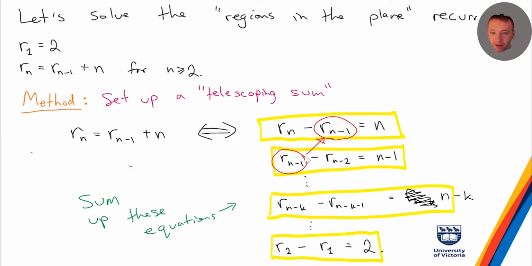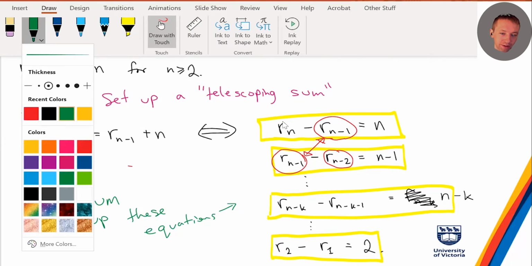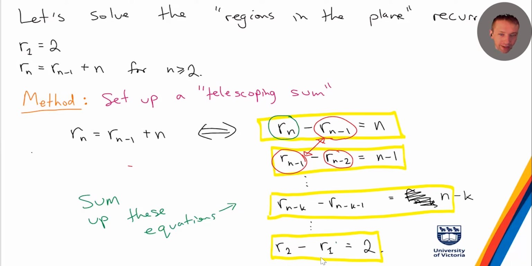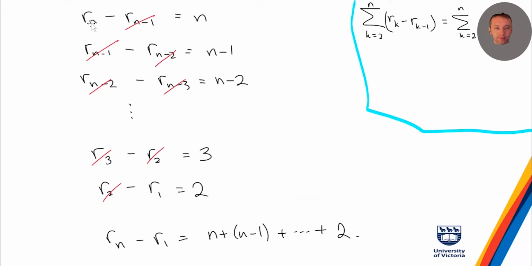And I've got a negative Rn minus 2 here, and the next line, which I haven't written, is Rn minus 2 minus Rn minus 3, so there's a positive Rn minus 2 that cancels it. This first one won't cancel, and the last one won't cancel because there's no line below it, but everything else cancels. That's the beauty of telescoping. If I add up all of these, everything cancels except my Rn at the beginning and my minus R1 at the end.